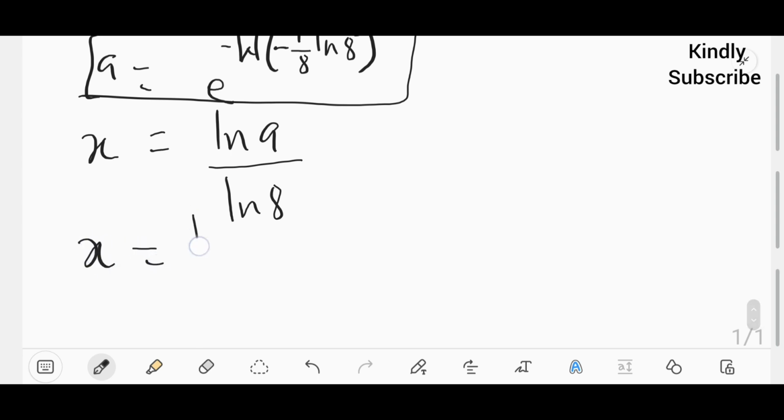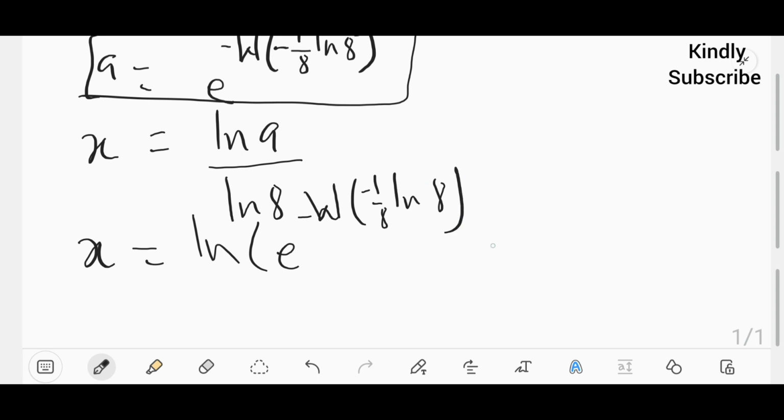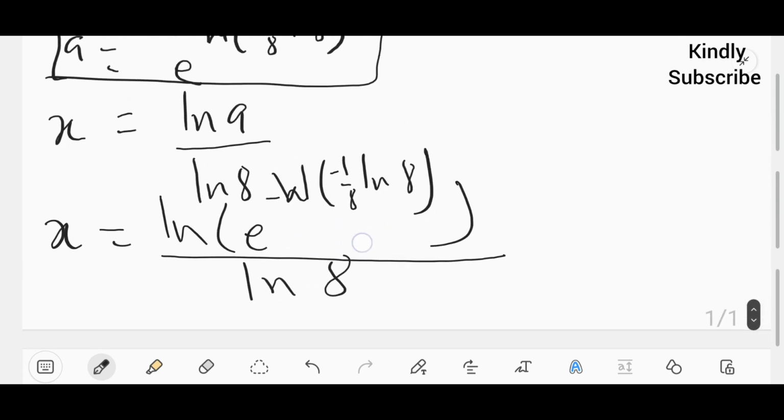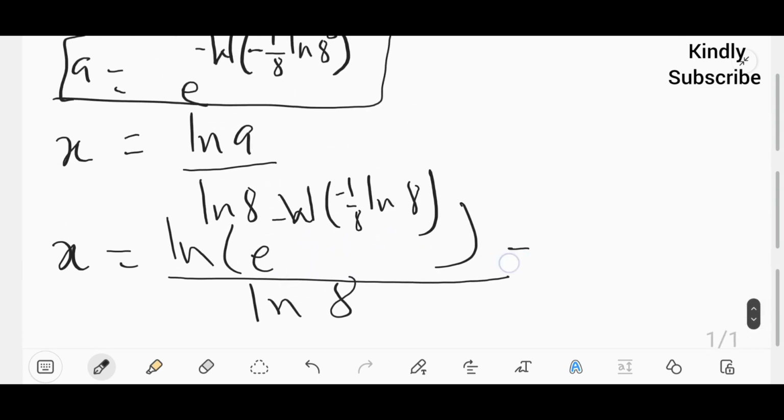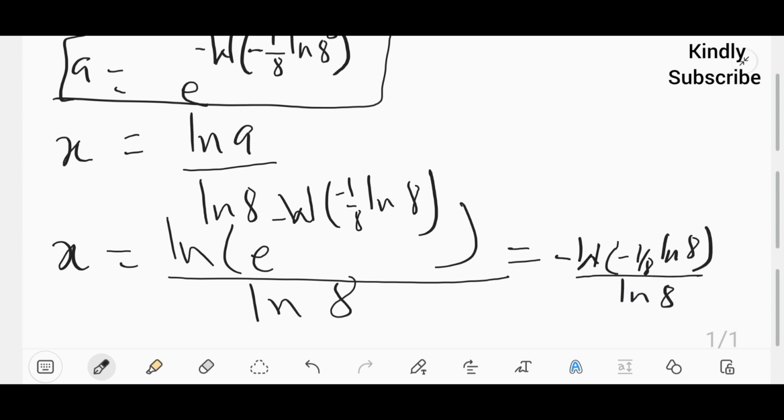We get x equals ln of e power negative W of minus 1 on 8 ln of 8, all over ln of 8. If you simplify this, you get x to be negative W of minus 1 on 8 ln of 8, all over ln of 8.